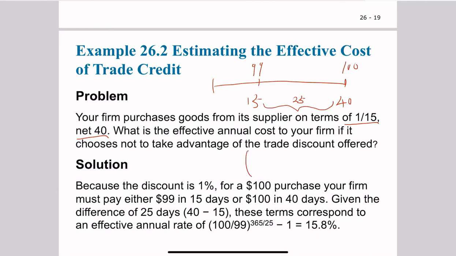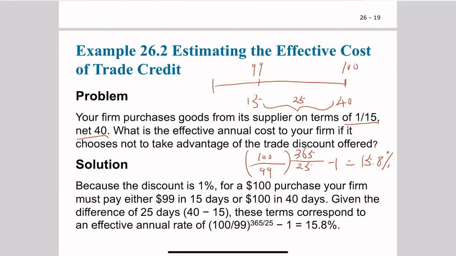This tells us the annualized effective annual rate would be 100 divided by 99, to the power of 365 divided by 25, minus 1, which is 15.8%.